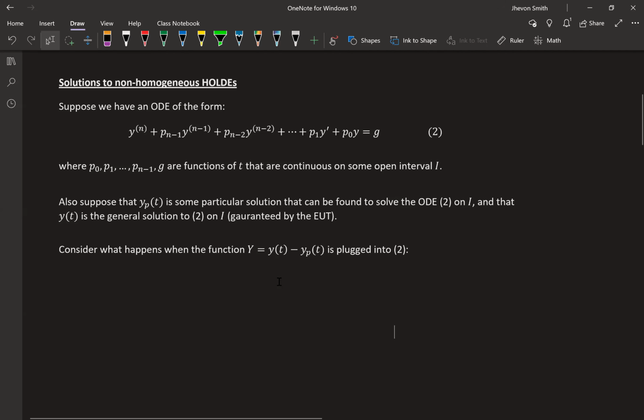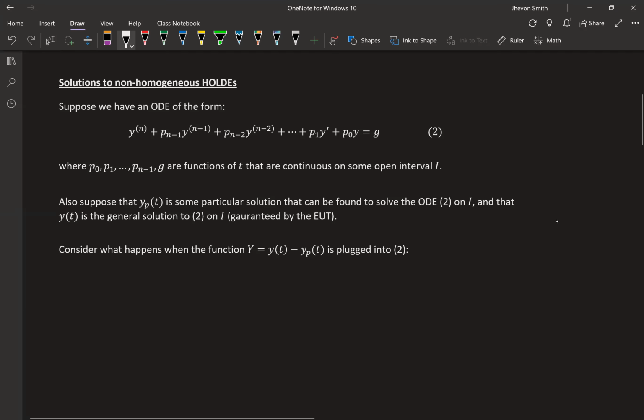So it's going to be something that looks like c1y1 blah, blah, blah. Then consider what happens if I look at the difference of these two. Take the general solution minus the particular solution and plug it into this equation. Notice what's going to happen.